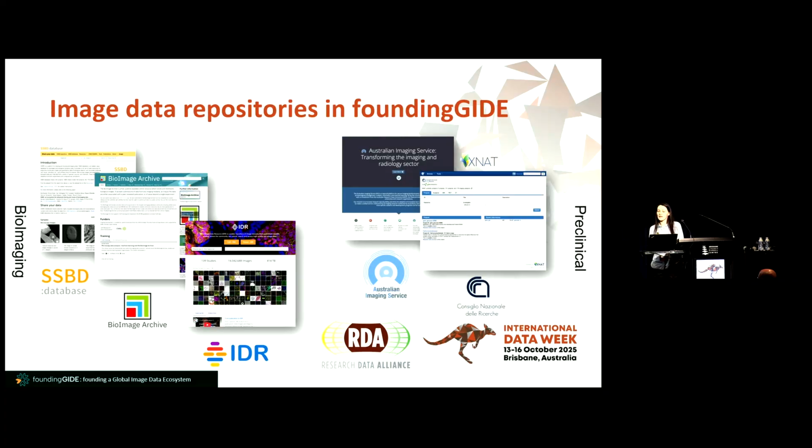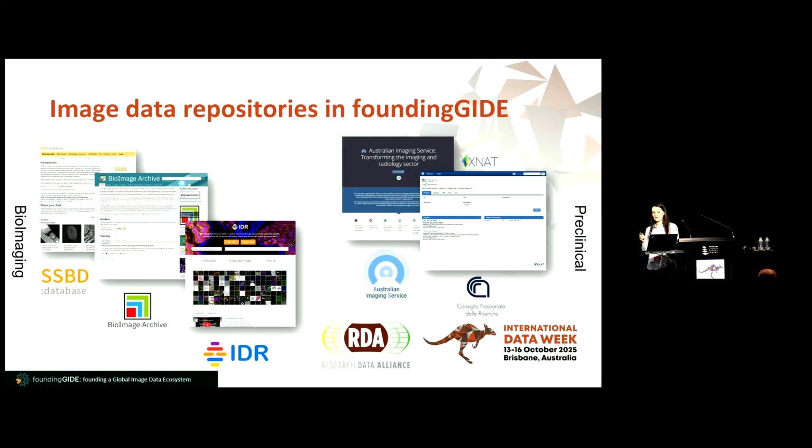What we are aiming for in FAIR-GIDE is to bring together bioimaging and preclinical image data repositories and see if we can find some common ground. Our partners are from Japan, the SSBD database, the BioImage Archive, which is hosted at EBI in the UK, and IDR, which is developed by the Open Microscopy Environment and is also hosted at EBI.